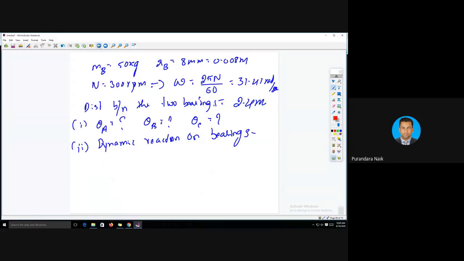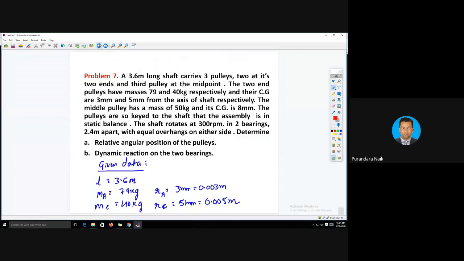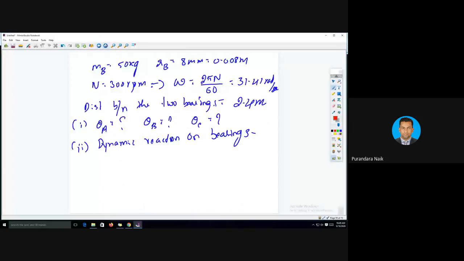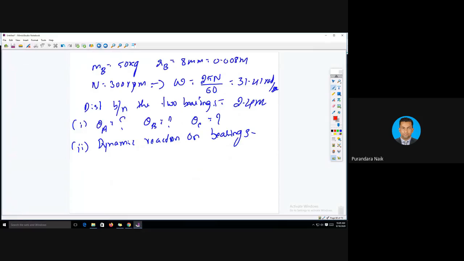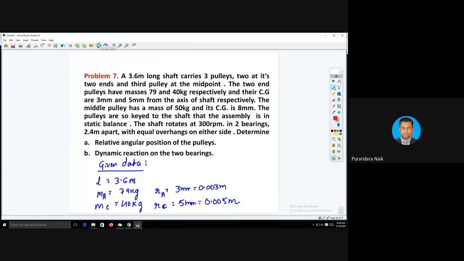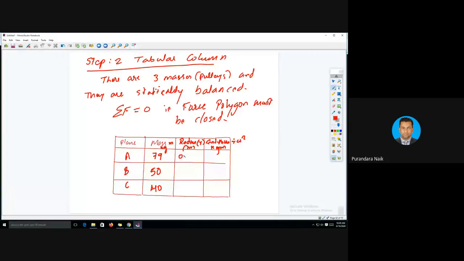Mass of C is 40 kg. Now, what is the value of the radius? The first one, I think it is 0.003, 0.005. B is 0.008.